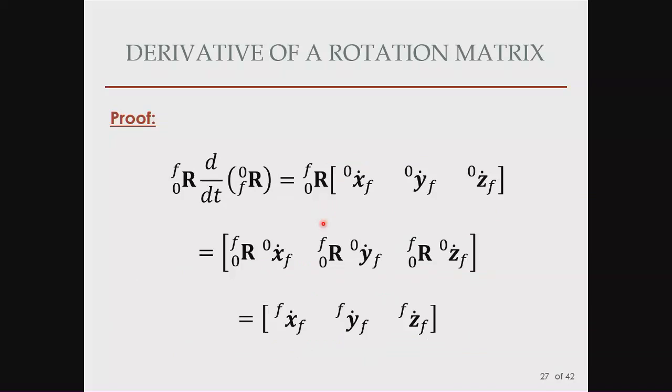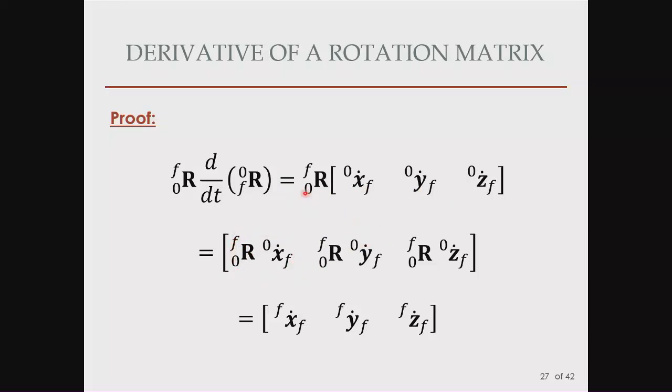So here, pre-multiplying this derivative of R from f to 0 with the rotation matrix from 0 to f, what I can do algebraically is just do it for each of them. The resulting matrix would have its three columns like this.